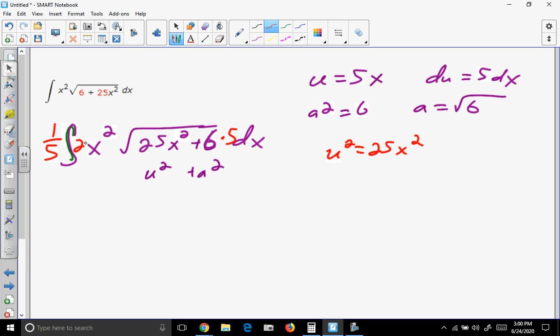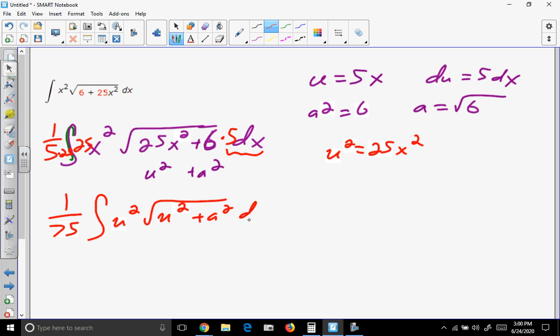So this needs 25 with it so that it's u squared. Well, if we pick up a 25 there, we have to pick up a 25 on bottom. 25x squared, that was our u squared. That's our u squared, a squared, and that's du.